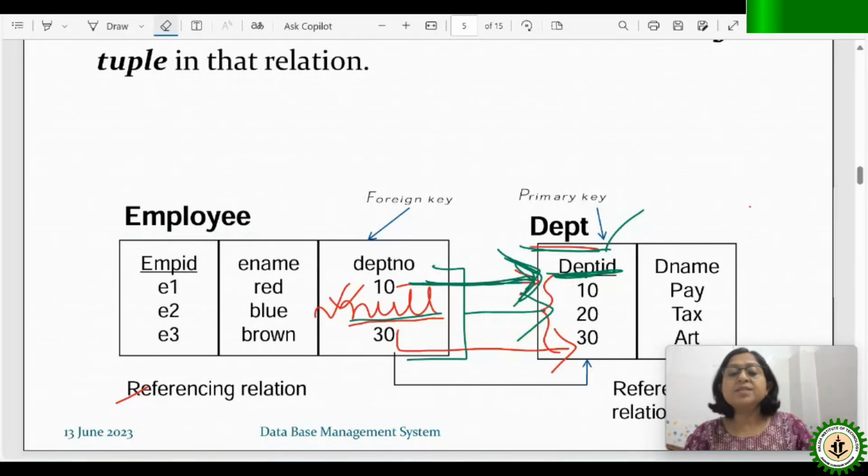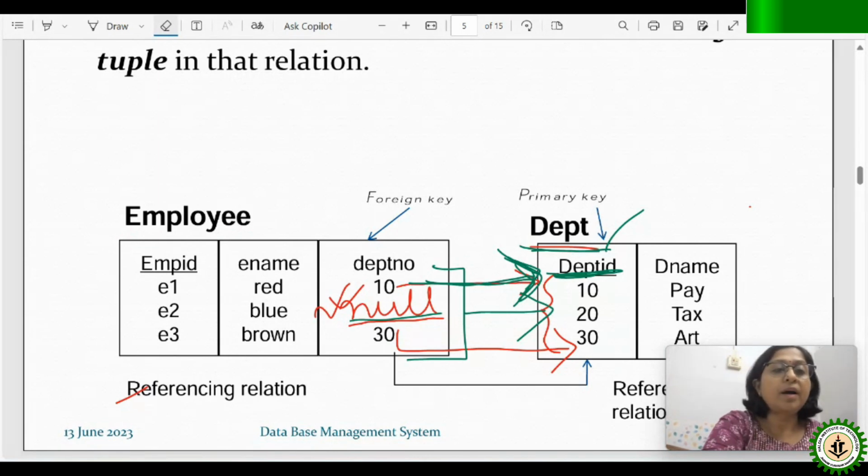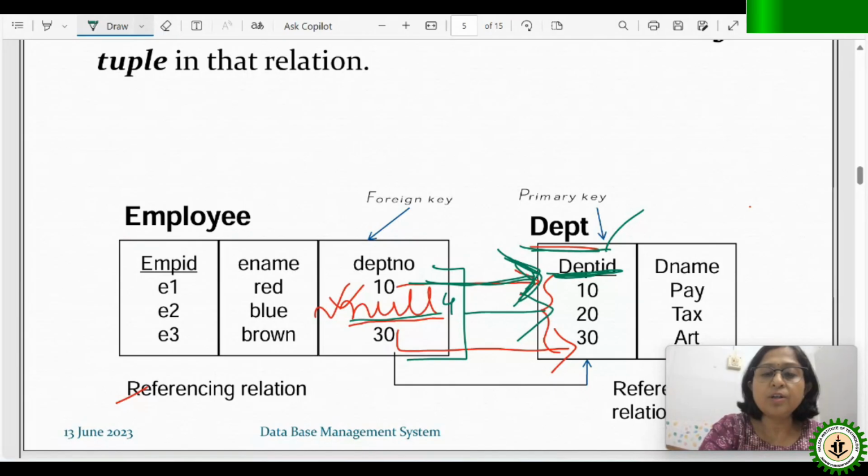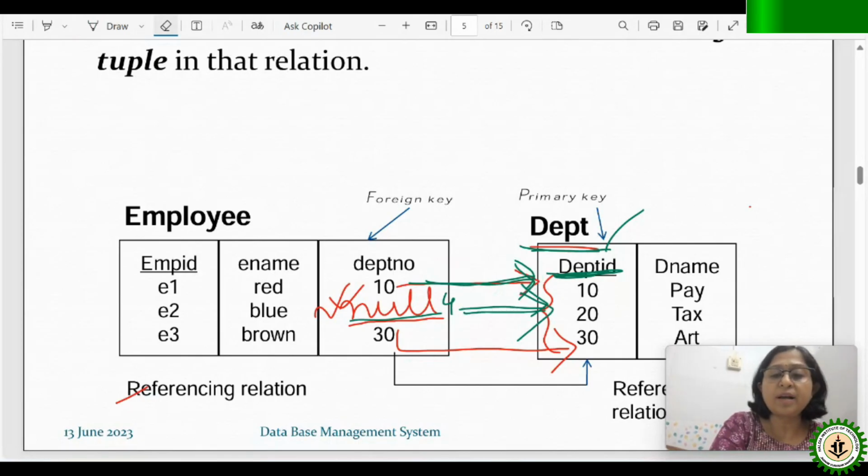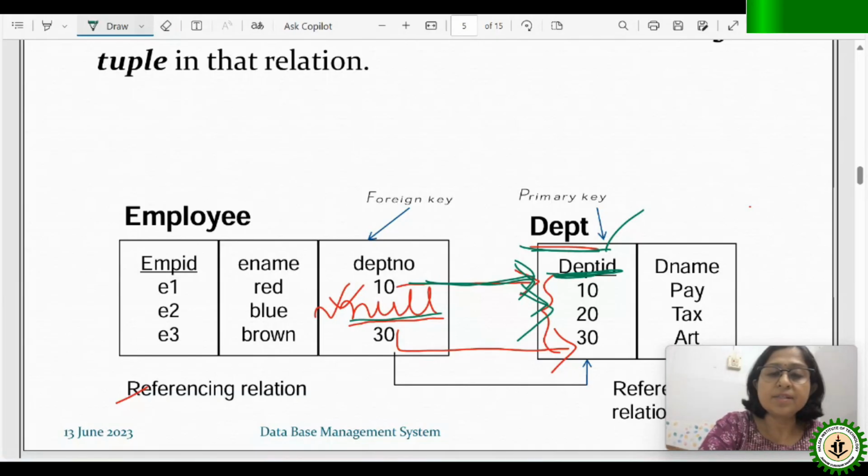Domain means a set of permissible values. As I have discussed, I cannot put 40 over here, because it does not have any reference. So that is wrong, and we cannot do this. But this is correct and this is correct.